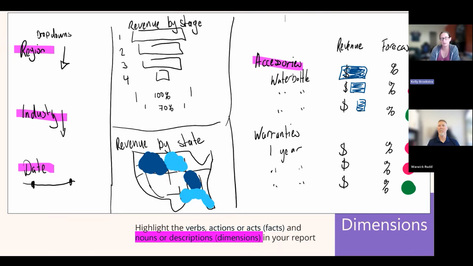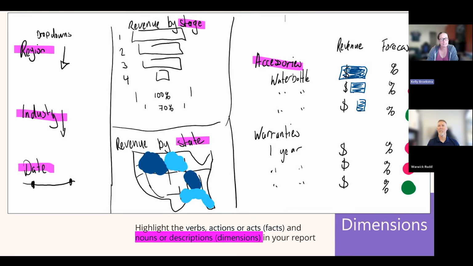Now, there are a couple of little trick dimensions in here. There are a couple of other things that we're grouping by that aren't necessarily as obvious as the ones we've already highlighted. In the middle, we're looking at the revenue by stage. So the stage is actually something that we're grouping by. And we're also looking at the revenue by state. So these, again, are candidates for dimensions or attributes on dimensions.